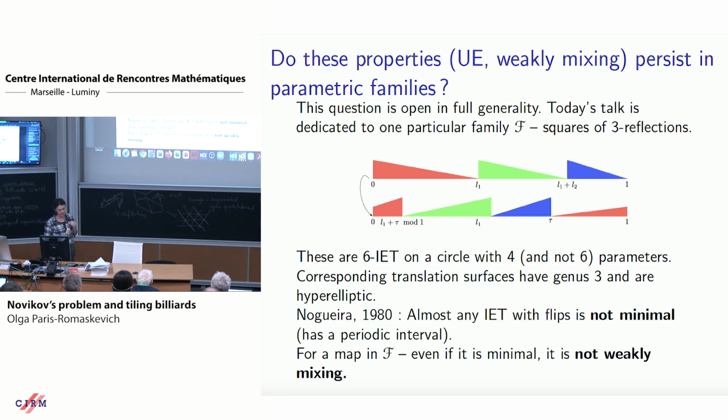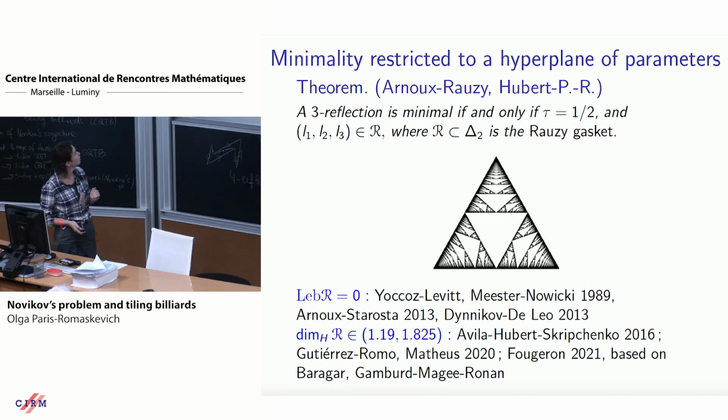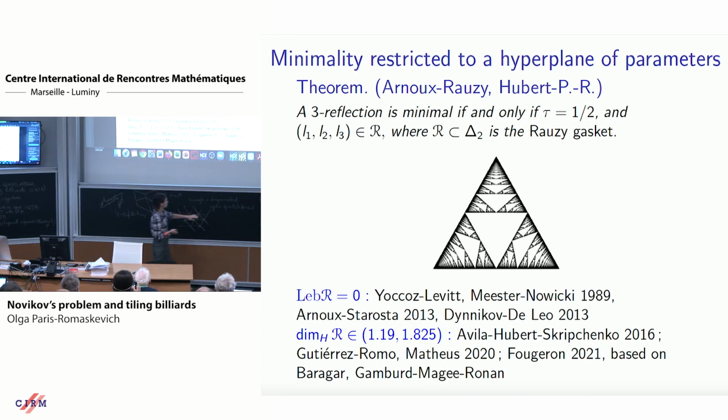And even more surprisingly, the minimal maps in this family can only appear when tau is equal to 1/2. They all kind of go to this place in parameter space, which is a hypersurface. So an R3 reflection is minimal if and only if tau is equal to 1/2. And the lengths of your intervals have to be very special as well.